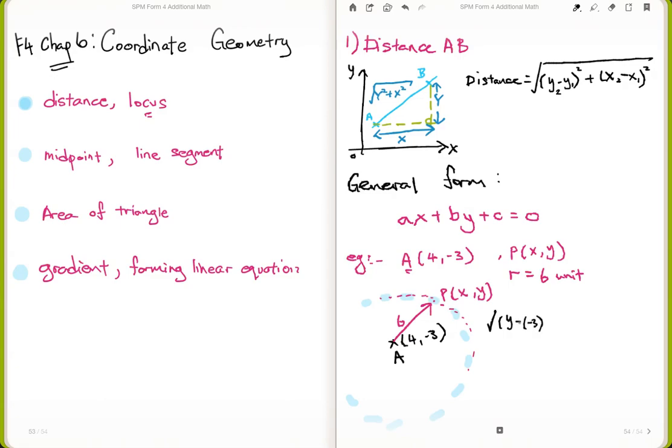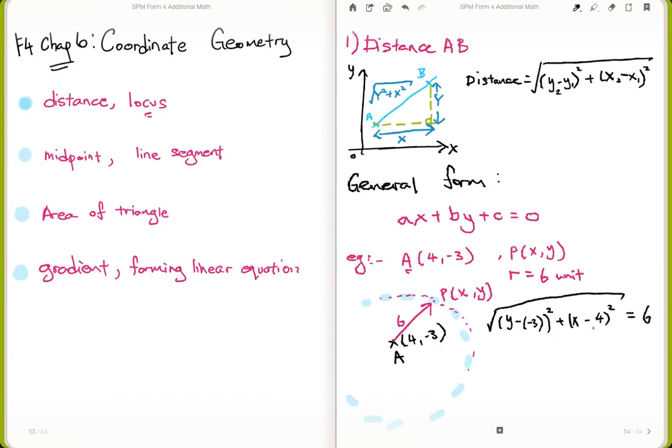This minus is from the equation, this negative is from the coordinate, squared, plus, since I start with y2, I will end with x minus 4 squared, and then the square root is equal to 6.